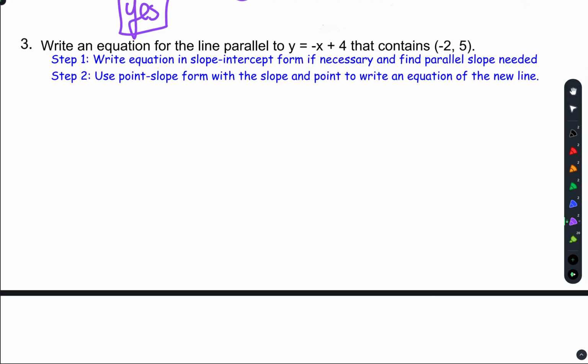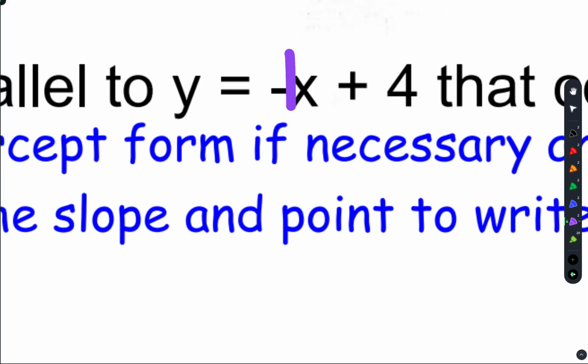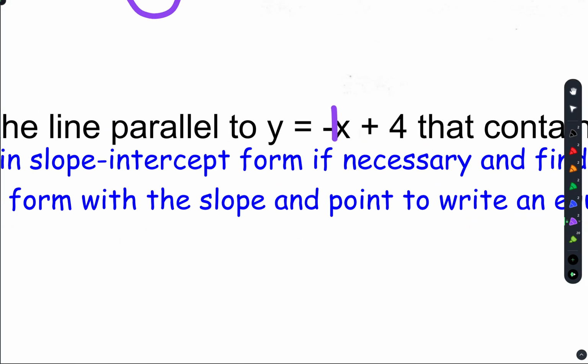So number 1 is to figure out what slope do I need for a line that is parallel to this line. If my line is y equals negative x plus 4, what's the slope of that line right there? Negative 1, right? It's a negative. The invisible 1 is in front of there. So the slope of this line is negative 1.